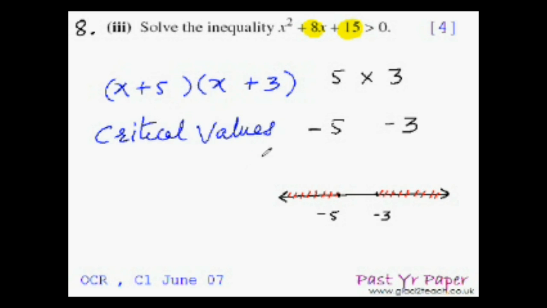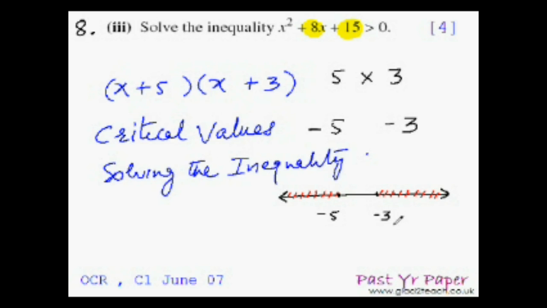You know that critical values are nothing but the points from where the mustaches are going to start growing, either outwards or inwards. And then finally you can put solving the inequality. We get that either x is greater than minus 3 or it is less than minus 5. That's it. Whatever you are seeing here, just put it in a more mathematical way. x is less than minus 5 or x is greater than minus 3.